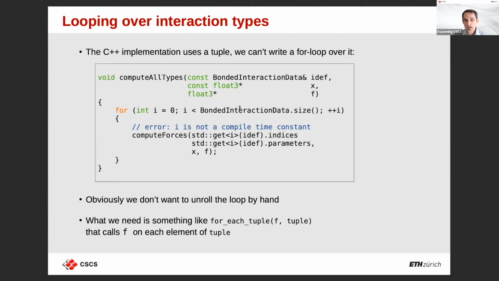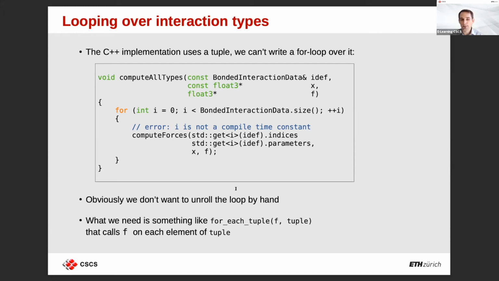And so I can't just write a for loop that iterates from 0 to number of elements in the tuple and then process one element by one element, because tuples can only be indexed and accessed with compile time constants.